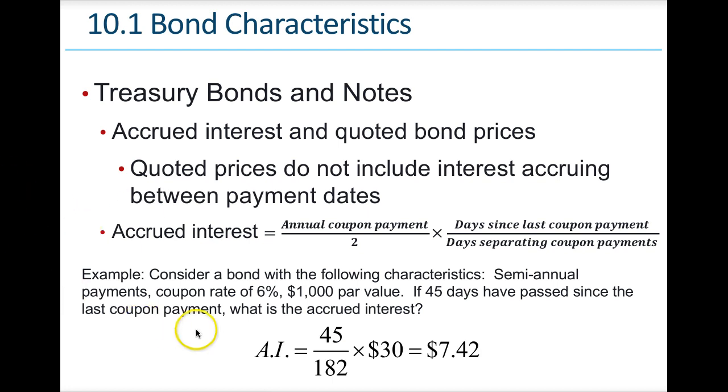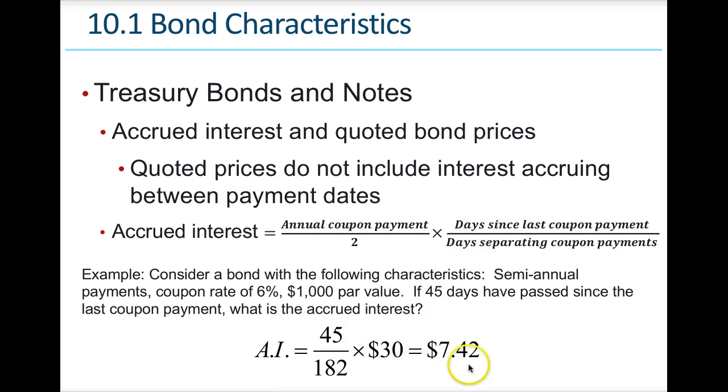So here's an example. We have the coupon payment. This is actually going to be the dollar amount. So it could be an interest rate, but here this would be the dollar amount. So if this was 60 divided by 2, that's how we get to 30, and then the days would be listed here.